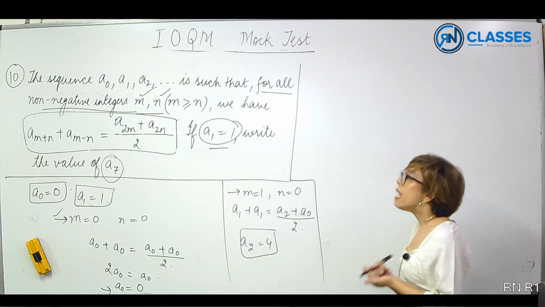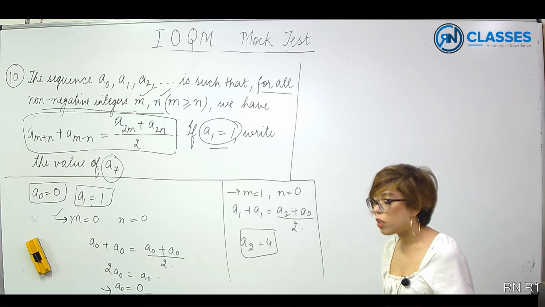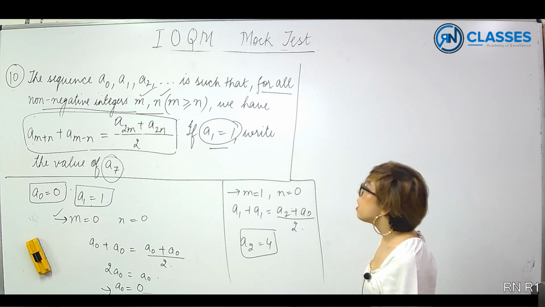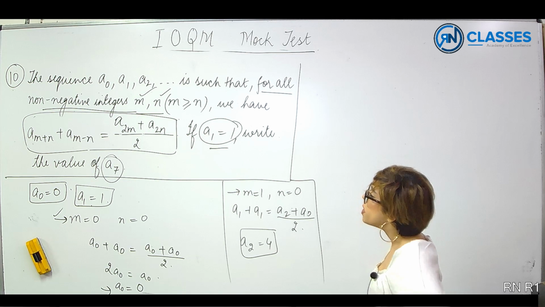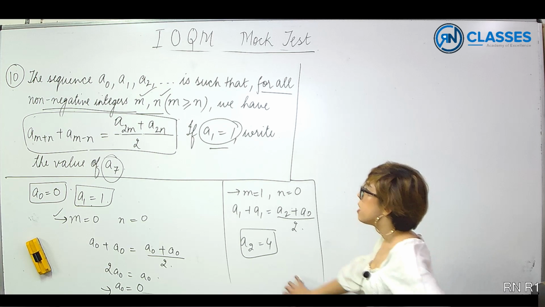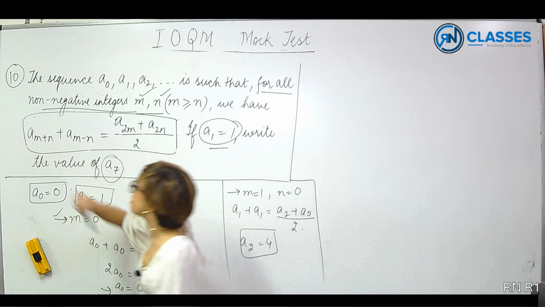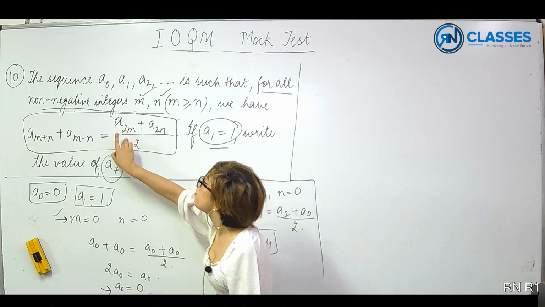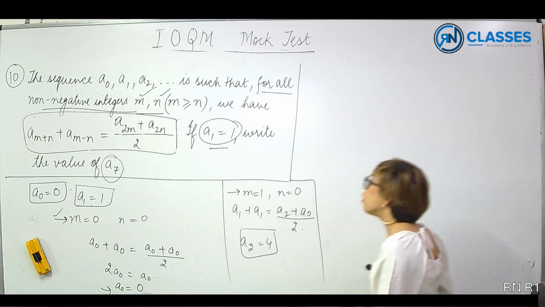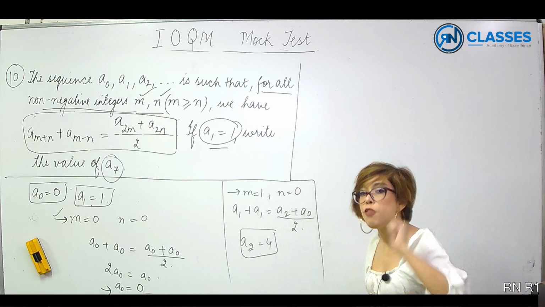Let me see whether I can have A3 or not. What else can I do? If I want A3, I should have M as 2 and N as 1. But for that, this will become A3, but this will become A4. So instead of finding A3 first, let me have A4 first.